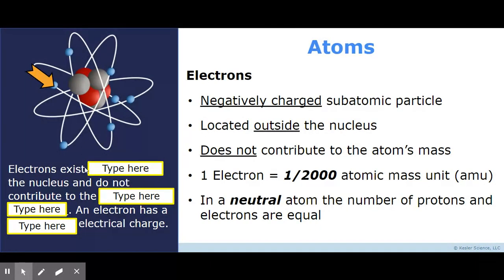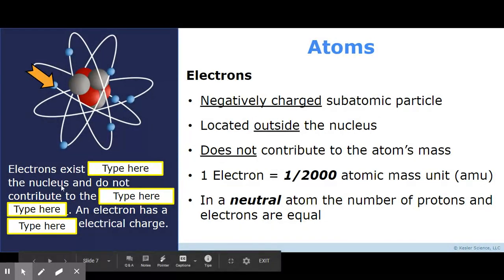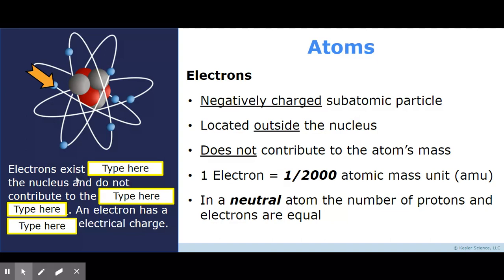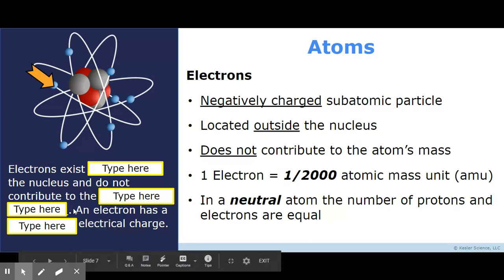So right here, we're going to do a fill-in type of thing. It says electrons exist blank the nucleus, around the nucleus, and do not contribute to the blank. An electron has blank electrical charge. So based on this information presented, you'll put your answer here.